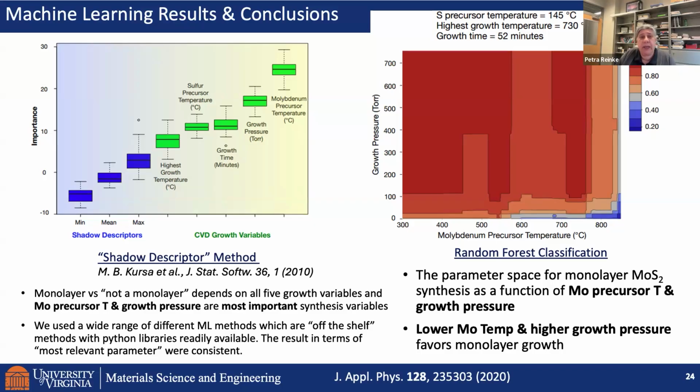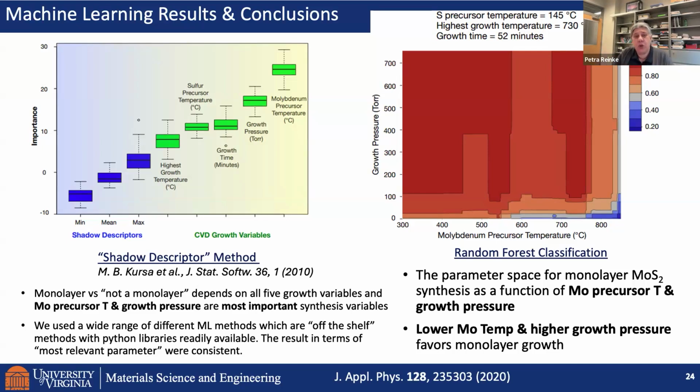It is good to get that out of different machine learning methods. This is a so-called shadow descriptor, but we tried quite a few different ones. They all give the same information. This is information about essentially what the data we put in tell you.